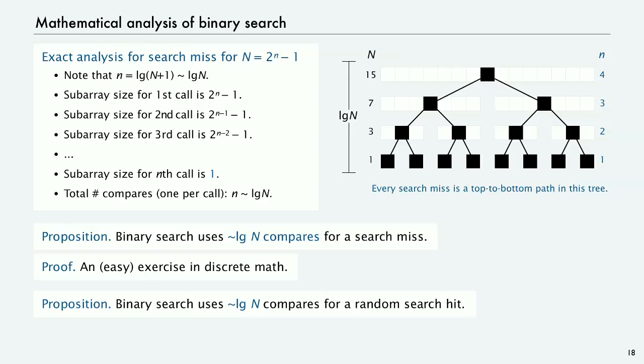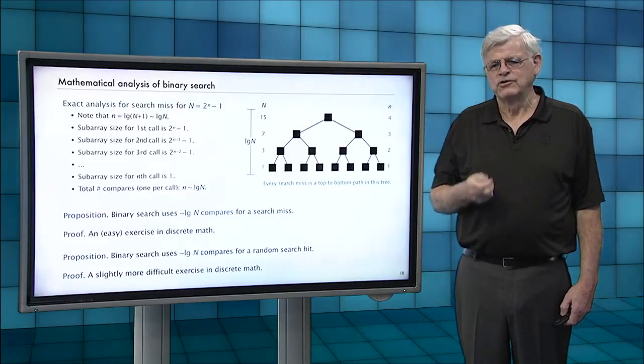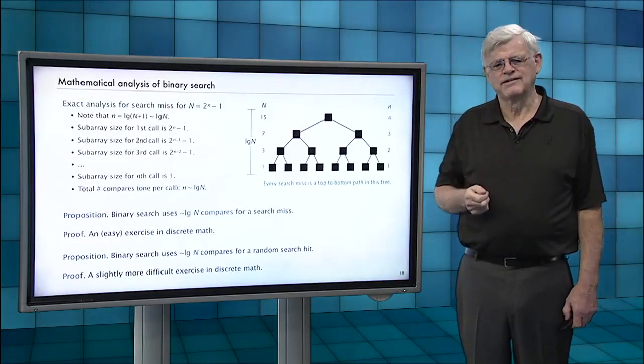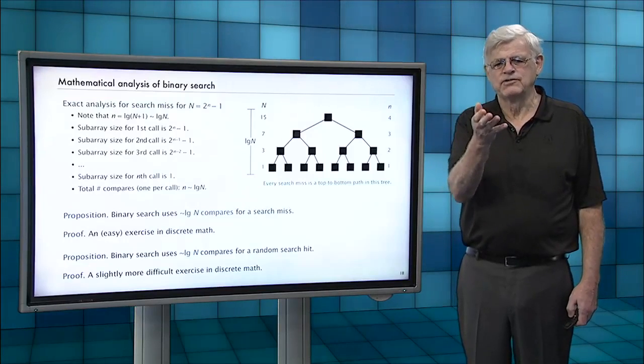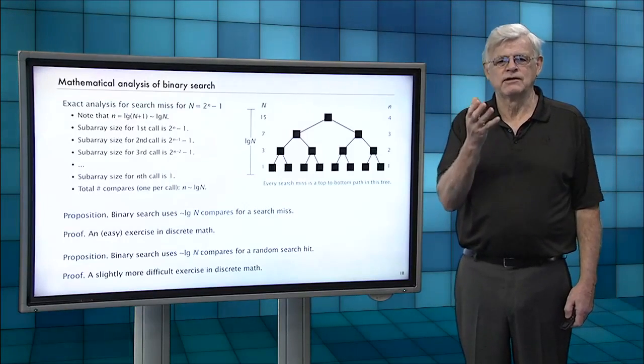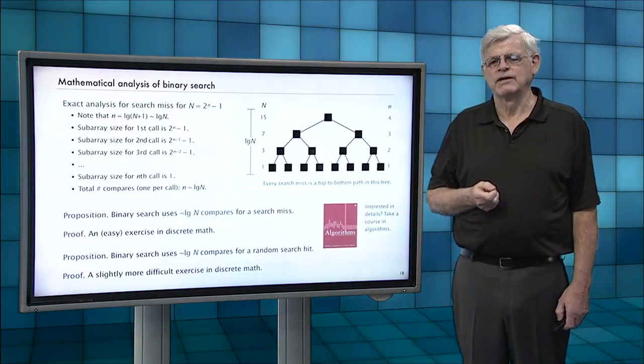And with a little more work, you can show that the same is true for a search hit, and it doesn't matter if it's a power of 2, you still get these same results. So these are kind of interesting exercises in discrete math, but you can see that the running time is going to be proportional to log N for whatever N is.